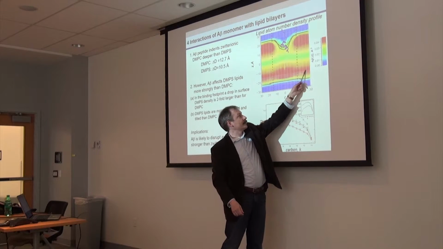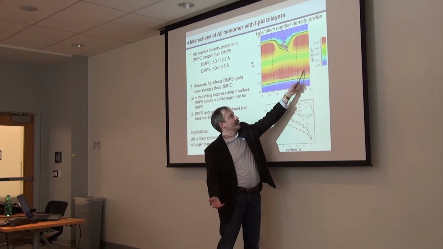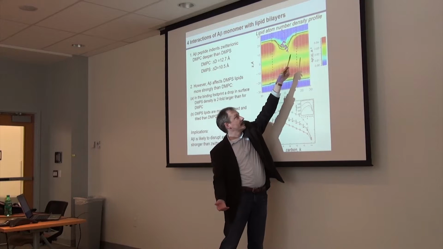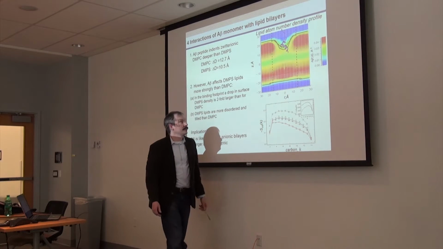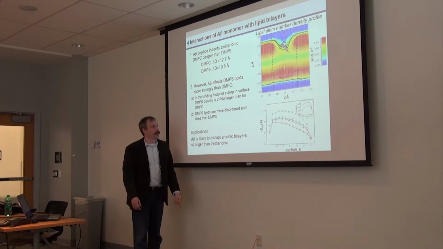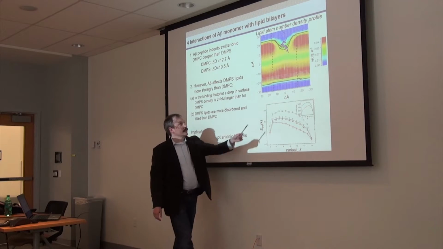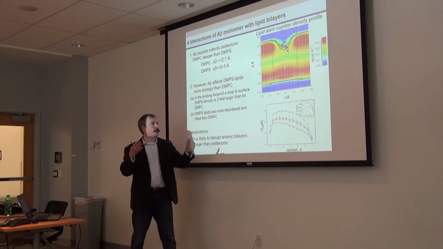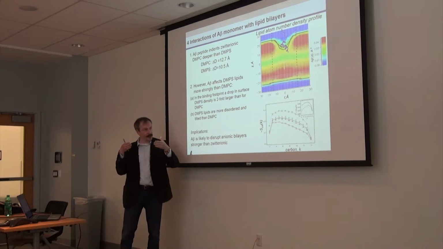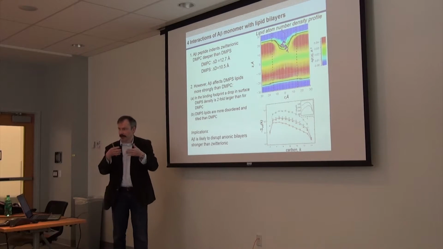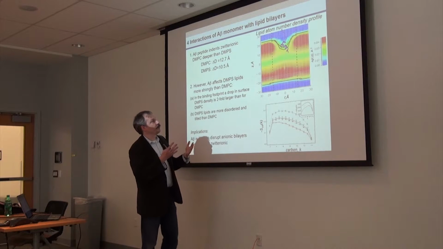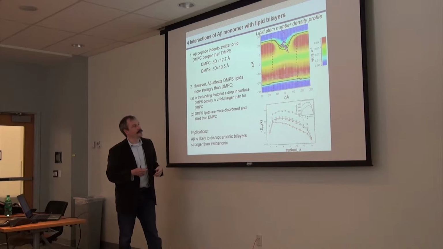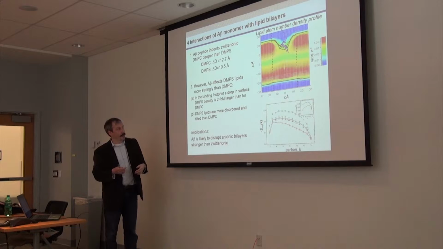This is where most of the lipid atoms from the lower leaflet are located, and this is from the upper leaflet. But within the A-beta binding footprint, you have what I would probably call a density depletion vortex, a region where the density of the lipids is reduced.